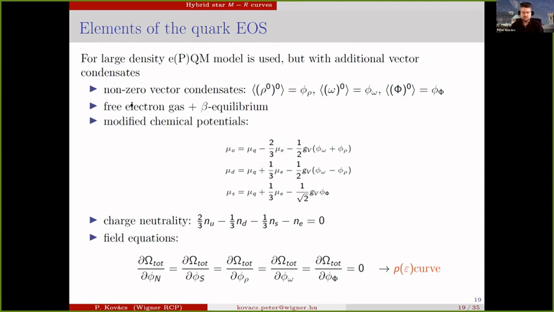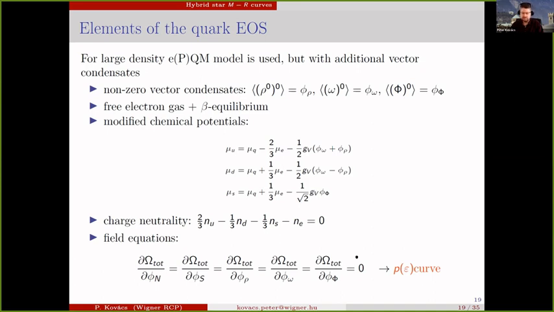Besides that, we use a free electron gas plus beta equilibrium, and this will result in modified chemical potentials. You can see that these condensates enter into the expression of the up, down, and strange chemical potentials. Besides that, we apply charge neutrality. And as earlier, we calculate the grand potential, and through minimization we get the field equations.